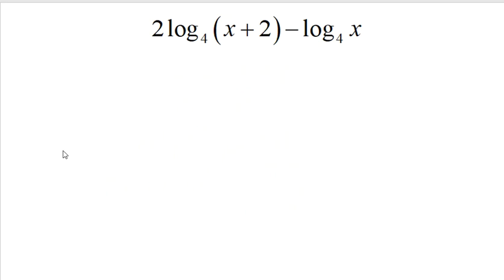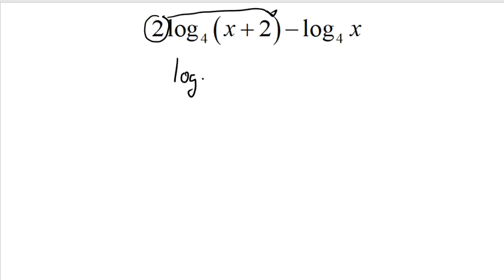All right, let's talk about condensing now. So here's an example where I see 2 logs, and I don't want 2 logs, I want 1 log. So we could use the rules in reverse to get from 2 logs to 1 log. The first thing I do here is I see this 2 in front, and I could use the power property in reverse. I can bring that up here.